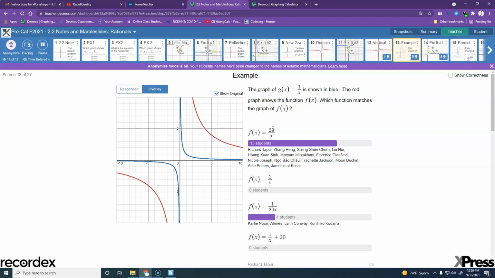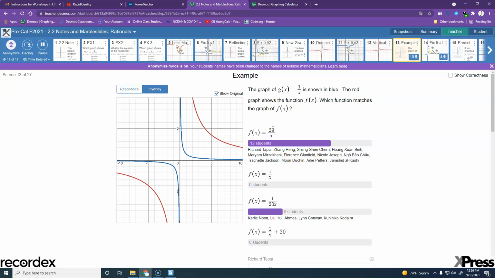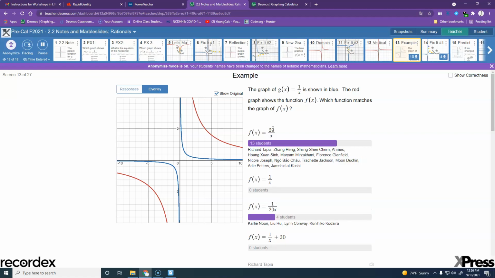If we put 20 in the bottom, what is that going to be? It's going to be horizontal. And a big number compresses, right? So it's going to be a compression. They'll be backwards from each other. Vertical stretch and horizontal compression.